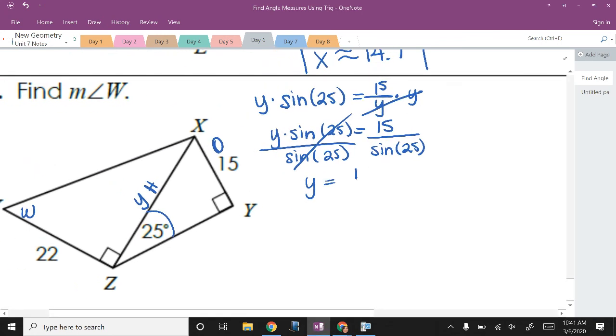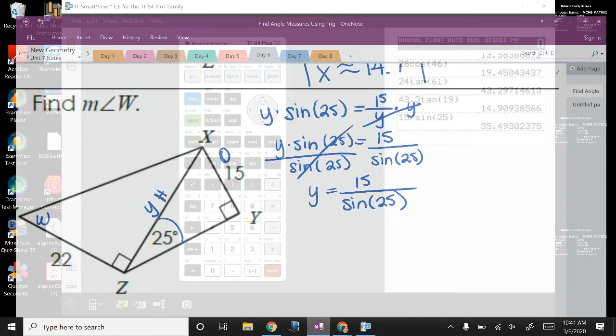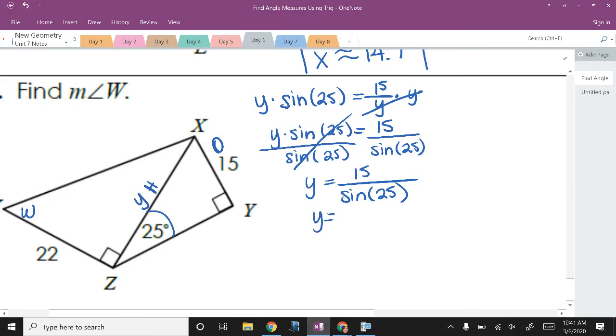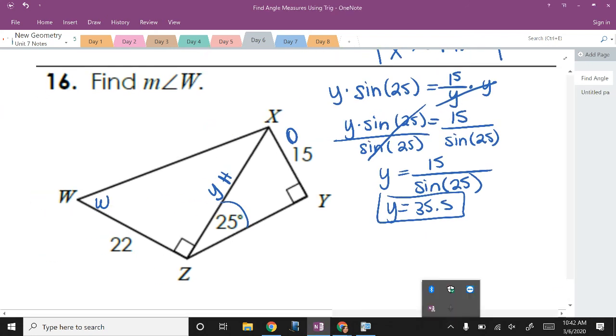I'm going to type in 15 divided by sine of 25 degrees, close parentheses. Did y'all get that y is approximately 35.5? Okay. So y is approximately 35.5 units. So I'm going to change that to 35.5.